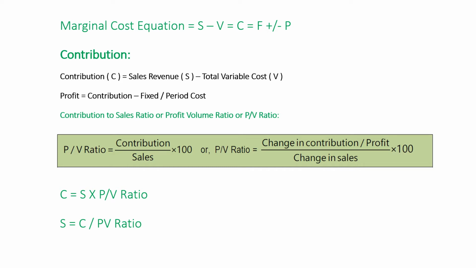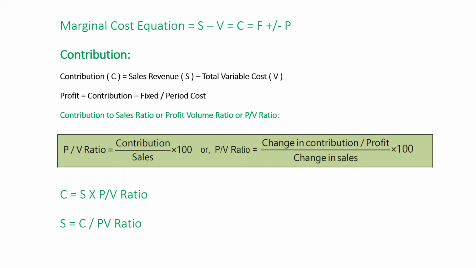If suppose my fixed cost was 40,000 and my contribution was 30,000, I would have incurred a loss of 10,000. So in that case, to arrive at contribution, I have to deduct loss from fixed cost, so that my contribution will be 30,000. Just remember that, it will be useful while calculating PV ratio and all.